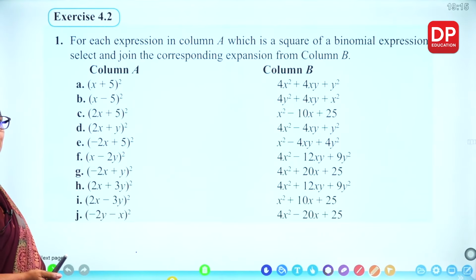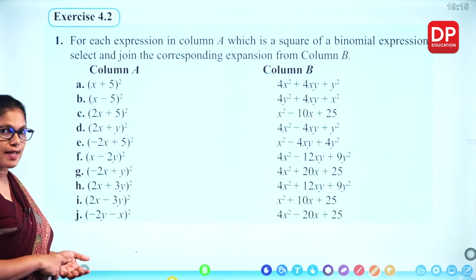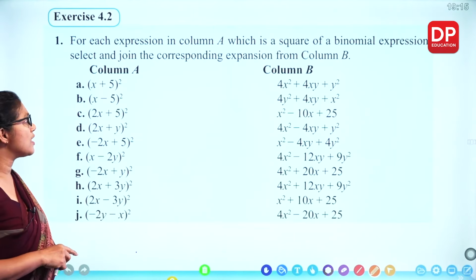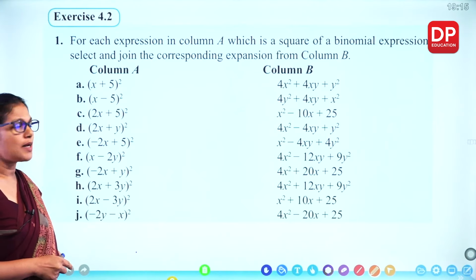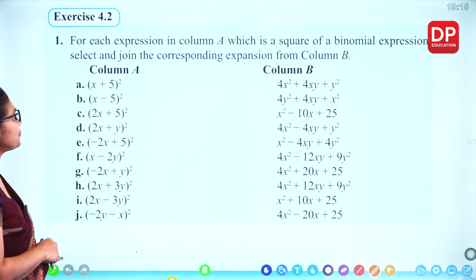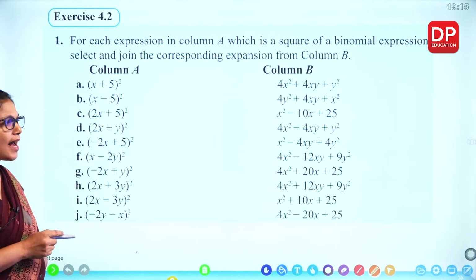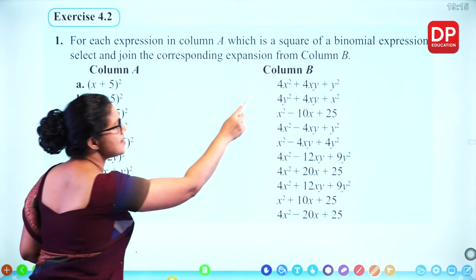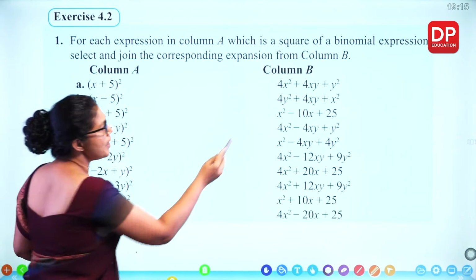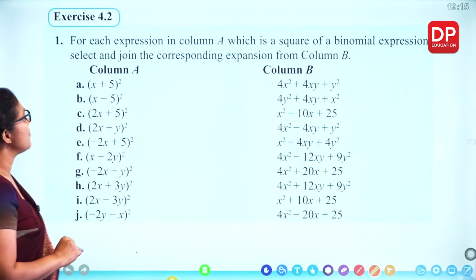You know the pattern: when you square a binomial, it's the first term squared, double the product of the two terms, and the second term squared. Looking at the first one, you can easily see x is there, so definitely x squared should be in the expansion. There are 3 terms with x squared. Now we need to find out which one is suitable.